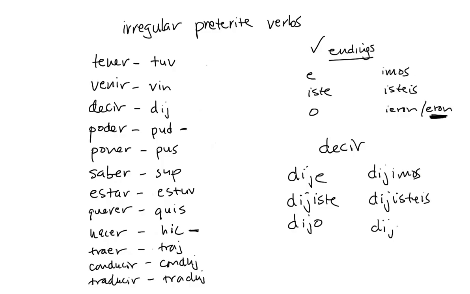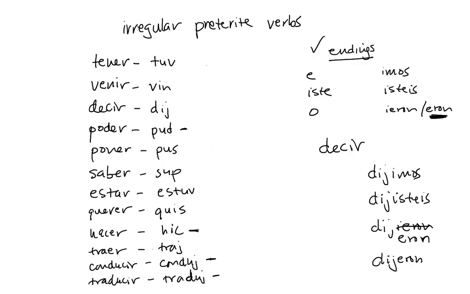But we don't get dijieron. We don't get this extra i. The j already has a sort of i sound. So what we do here is we just simply add eron. We get dijeron. And that will also happen with conducir and traducir. So we get condujeron, tradujeron. All right? So that's what that alternate ending is there. The others will follow the same pattern.